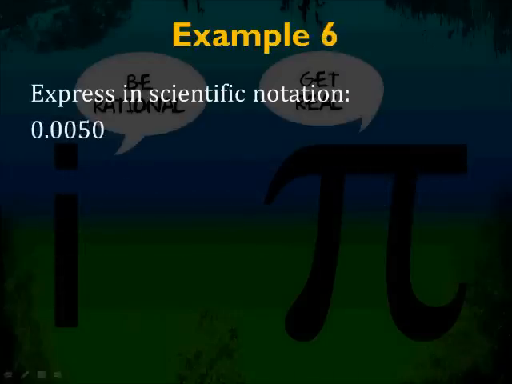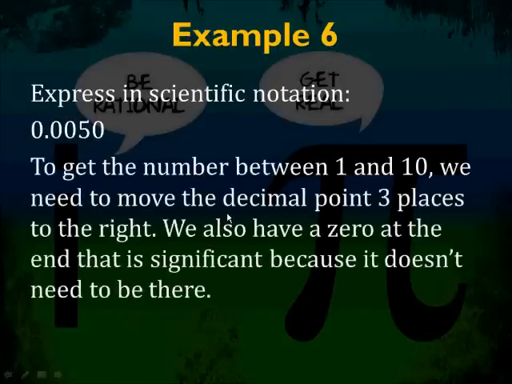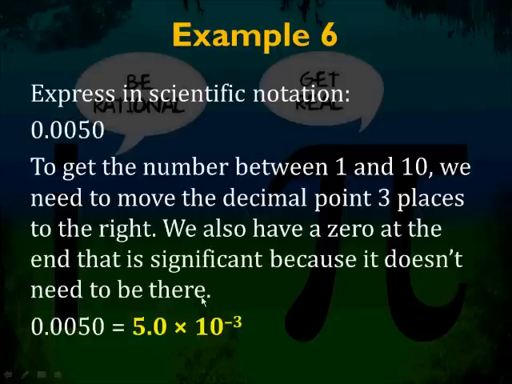Number 6, express 0.0050 in scientific notation. Now, you notice that this 0 does not have to be there. Its presence tells you that you need to put it in the answer. And this is where significant digits comes in. You aren't going to just write 5 times 10 to the negative third. You're going to write 5.0 because you want to express this number using the same number of significant digits.